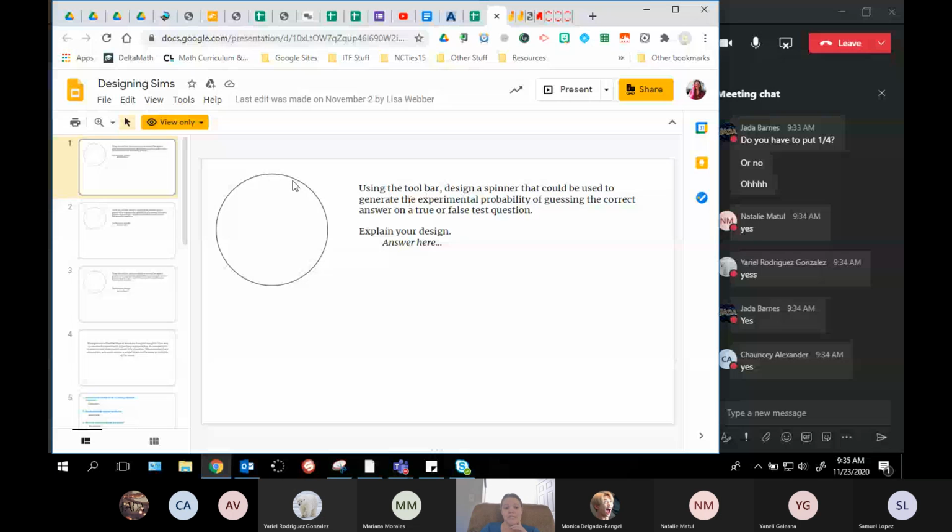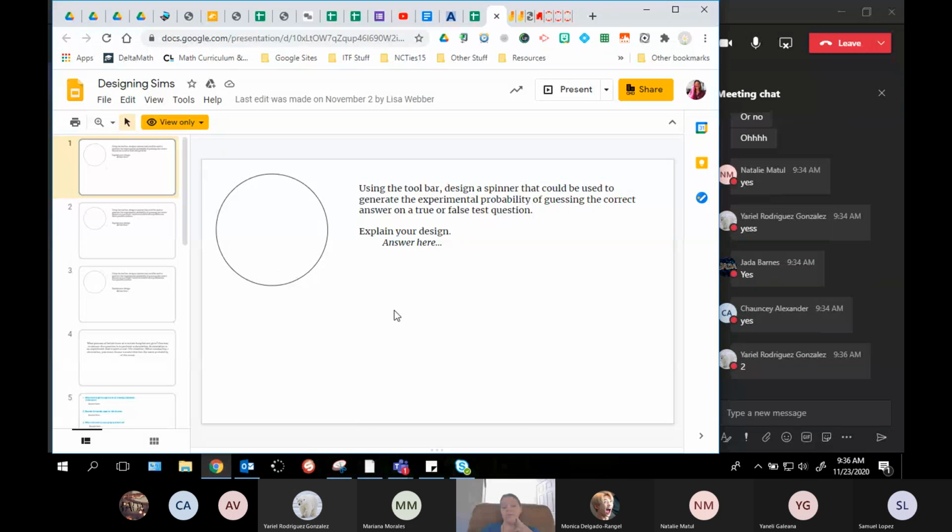So the first one wants you to design a spinner to simulate the probability of guessing correctly on a true-false test question. So if we think about that, true, false, how many options are we going to have on our spinner? Two. So I should see two different sections, and one is going to be labeled what?